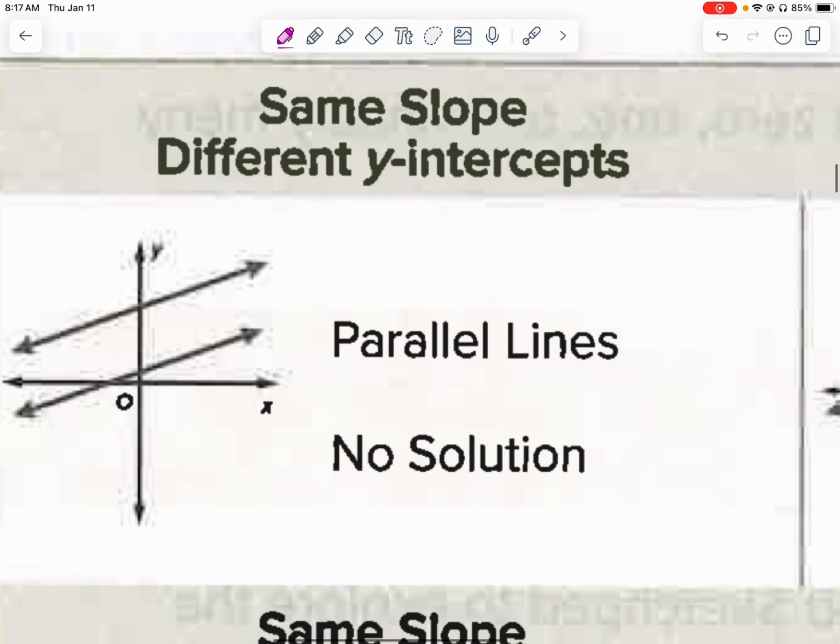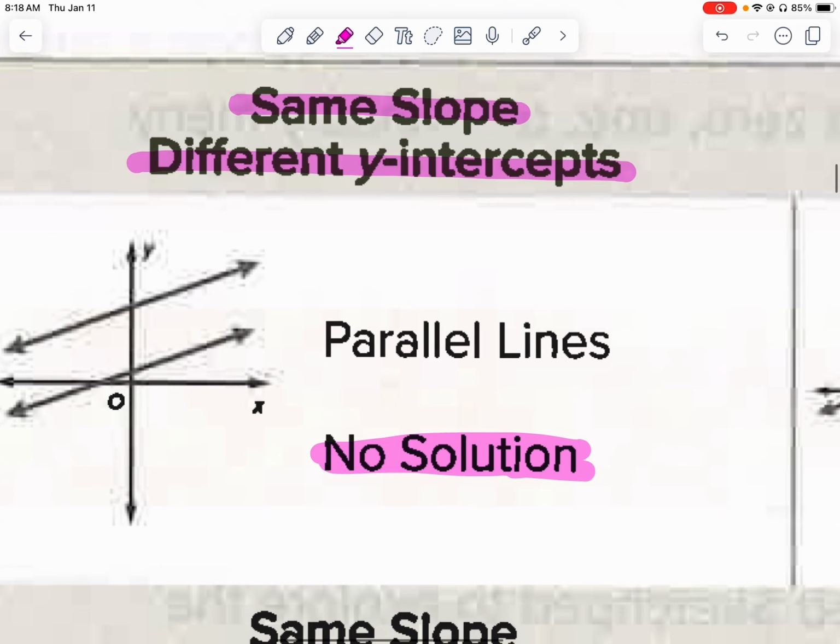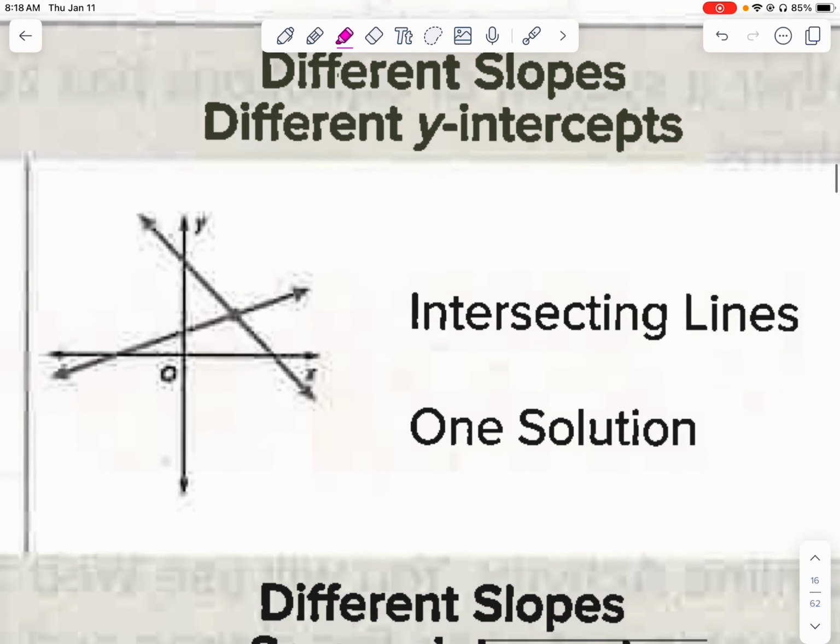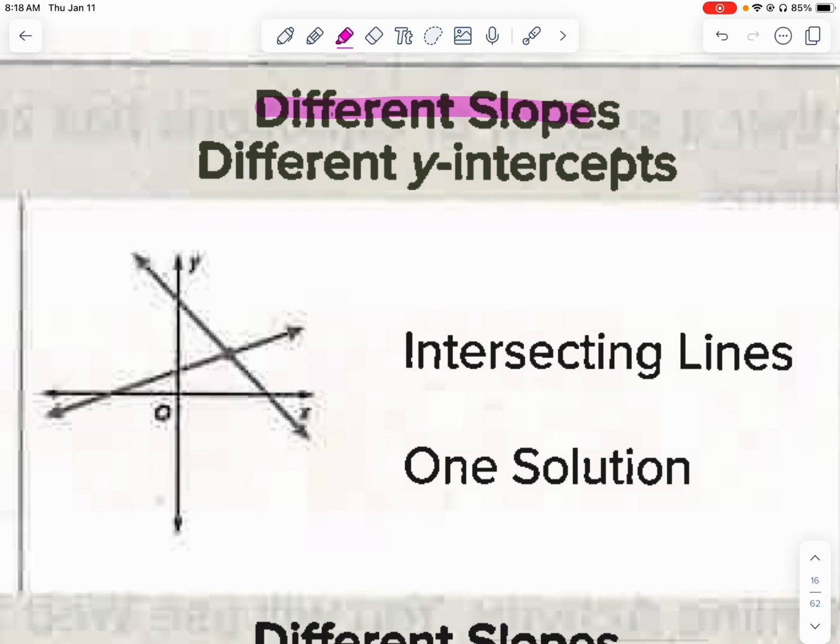So on this first one, okay, if they have the same slope but different y-intercepts, it's going to look like this. And that means that you would have no solution. Here, if I have different slopes and different y-intercepts, they're going to meet at one point.